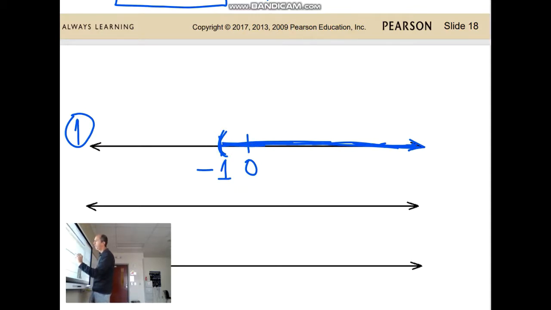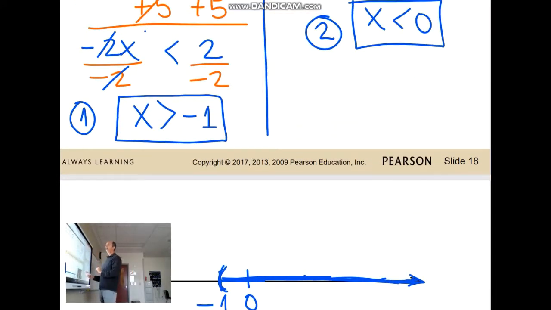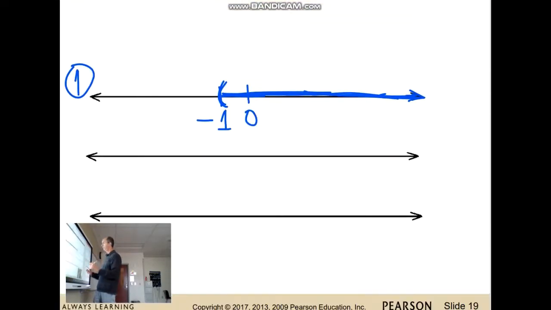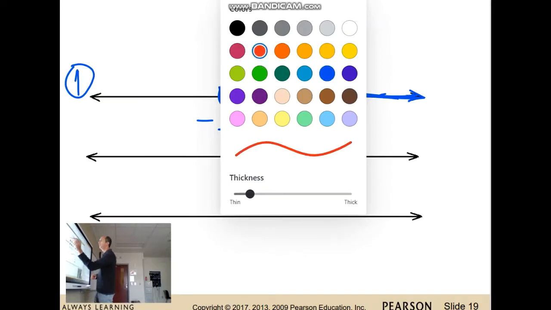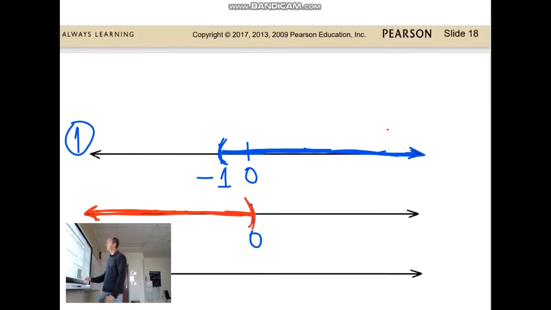The other one, number 2, x is less than 0. So 0 is here, x is less than 0. Using the red, everything to the left hand side of 0 is included.